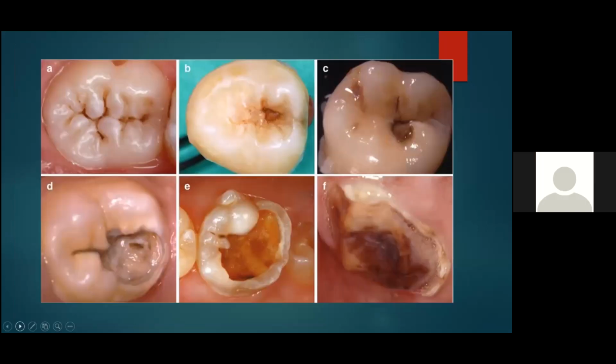Now, if you see the clinical classification over here, you can differentiate from the classification given earlier. So what do you expect by looking at the teeth? Now, if you see in A, B, and C, these teeth have minor caries. I'm not saying that by just looking, you can say they are minor caries or they cannot have any pulpal disease.